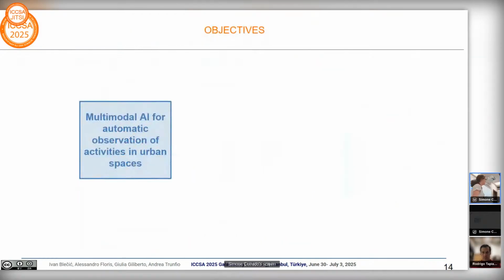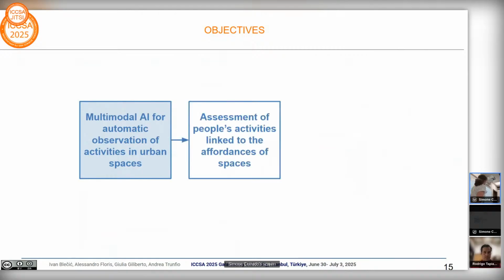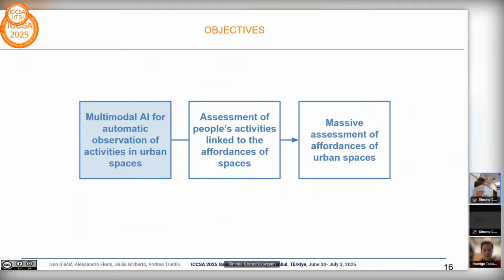So our objective: this study aims to develop a multimodal AI tool for automatic observation of activities in urban spaces, in order to assess people's activities related to the affordances of spaces. This is just a first step towards a bigger goal, a massive assessment of affordances of urban spaces, which is more complicated.